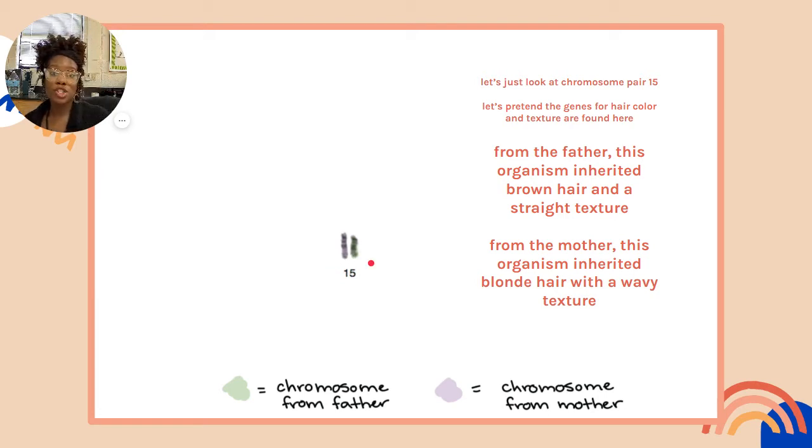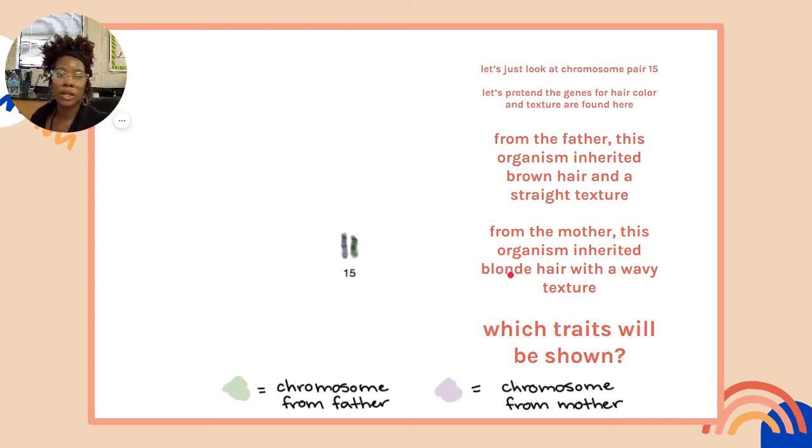Okay, so again, the gene is the place on that chromosome, while the alleles are the different forms of that gene. So the gene hair color can come in different forms: blonde hair, brown hair, or black hair gene, red hair gene. Okay, if it doesn't make sense, we're going to practice with it.